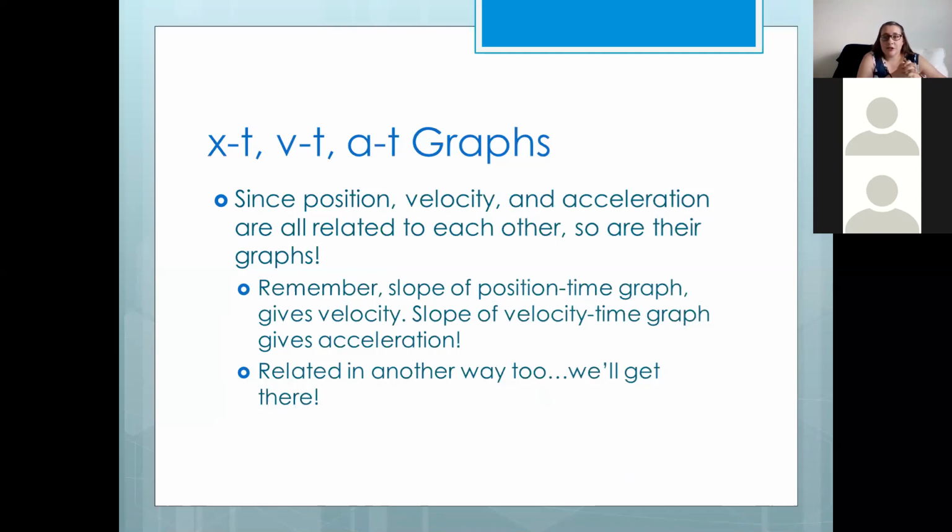And since acceleration is the derivative of velocity, the slope of a velocity time graph gives us acceleration, because a derivative is just a fancy slope. They're also related in another way, which we'll get to next week, but today we'll focus on the slopes.